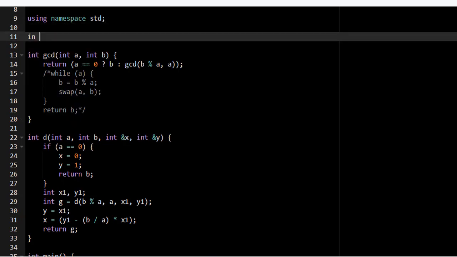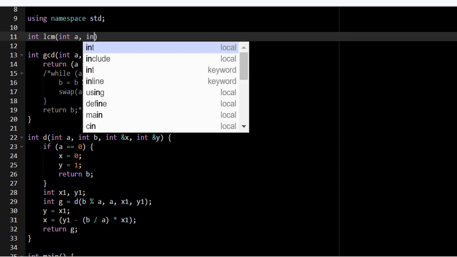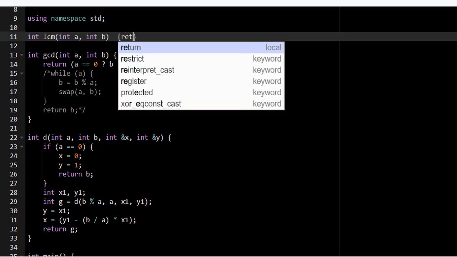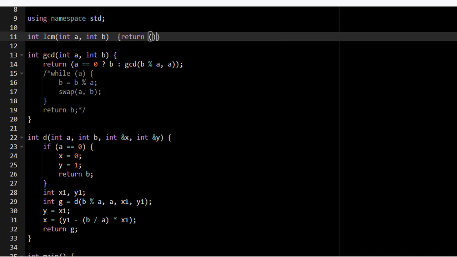And if you want to get the lowest common multiple of a and b, then you just have to return a divided by greatest common divisor of a and b, and all that times b.